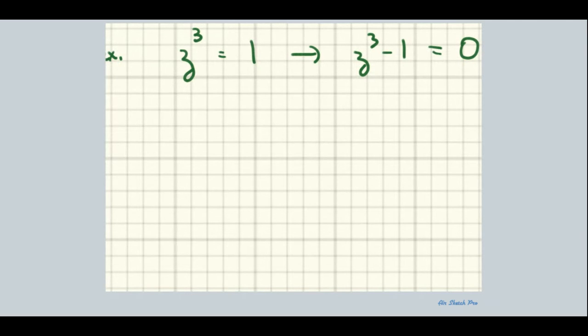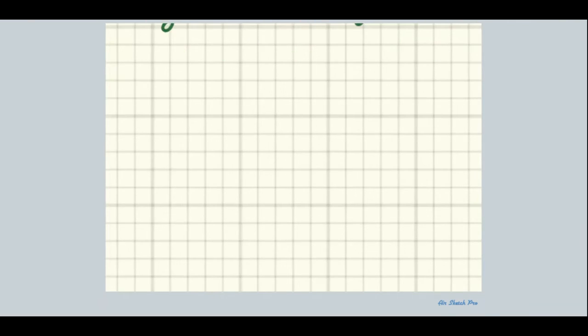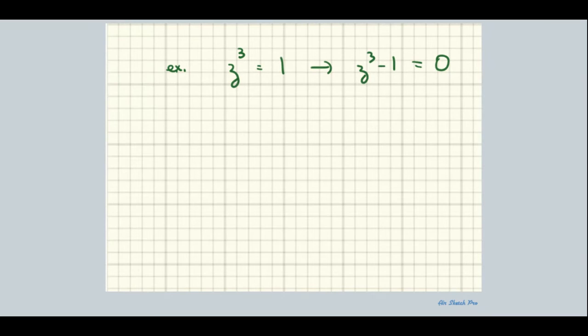Everyone here should be able to find one cube root of z, the first cube root of z, yeah? Who can tell me what the cube root of 1 is? Yep. That's easy, huh? Okay. So I'm going to show you how that works.